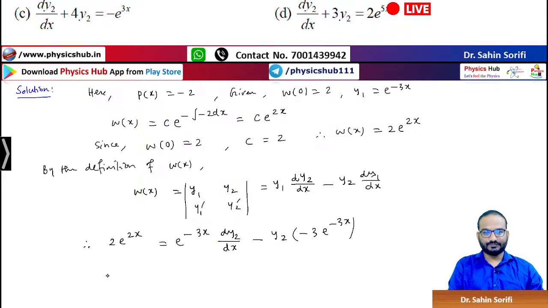Okay, so if you just divide by e to the power minus 3x on both sides, what do you get? dy2 by dx plus 3y2 is equal to 2 e to the power 2x plus 3x, so e to the power 5x.